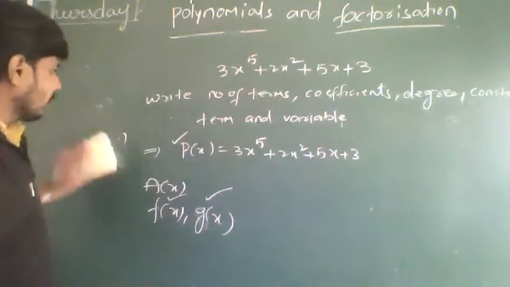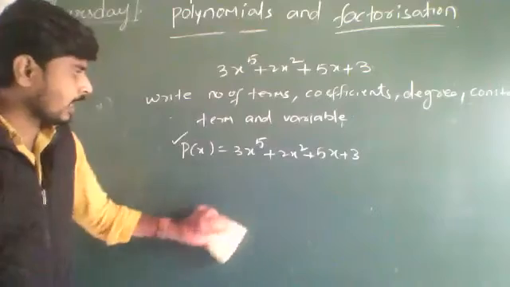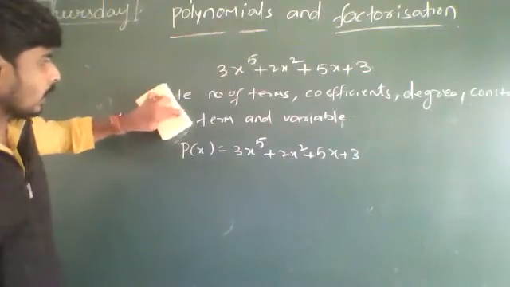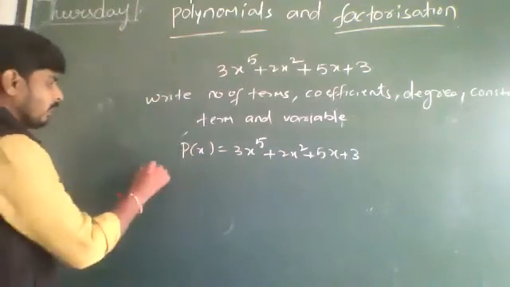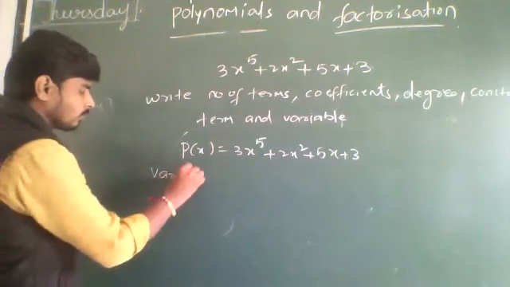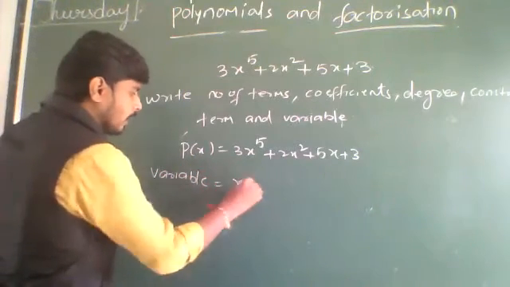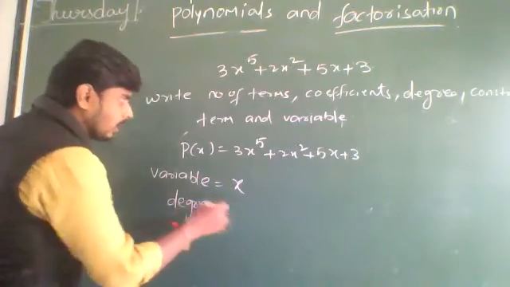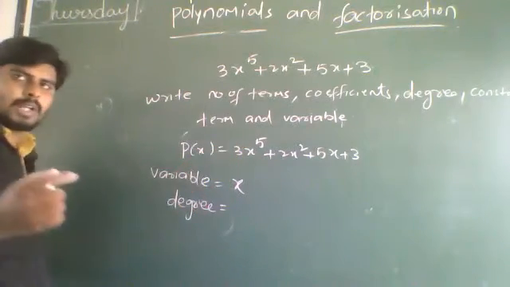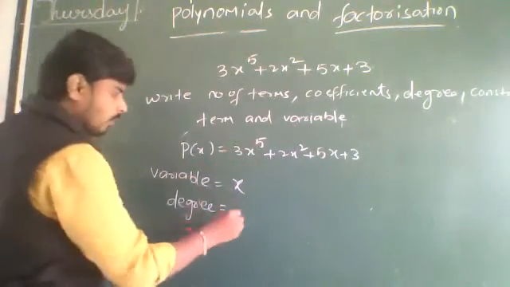See, so I assumed it as p of x is equal to 3x power 5 plus 2x square plus 5x plus 3. Right? Now, what is the involved variable? Involved variable is x. Then what is degree? 5. Degree is highest power. Highest power is 5.